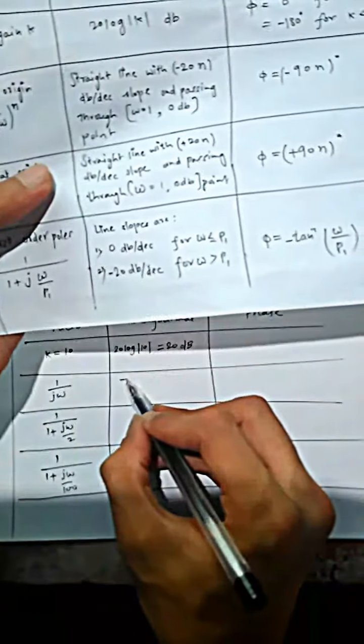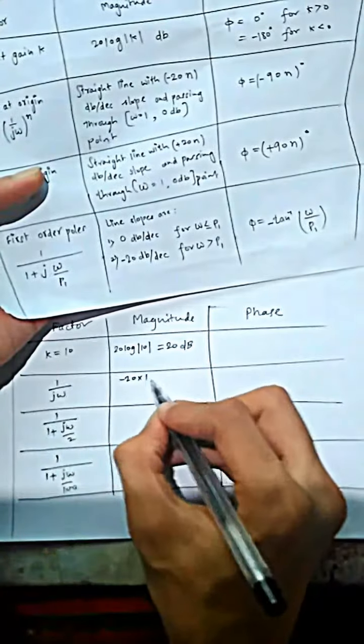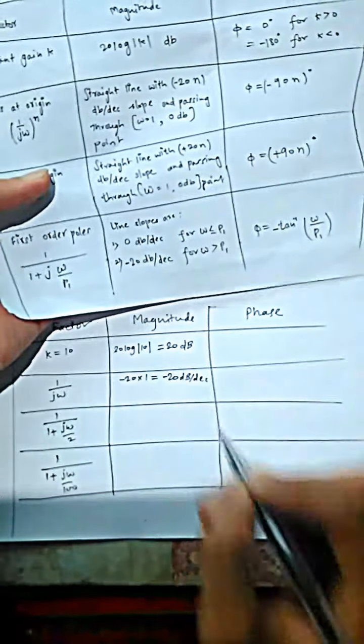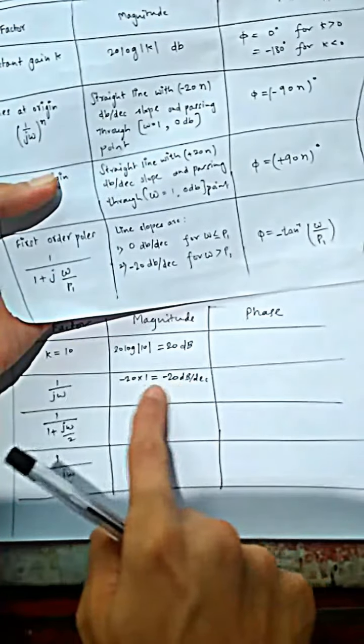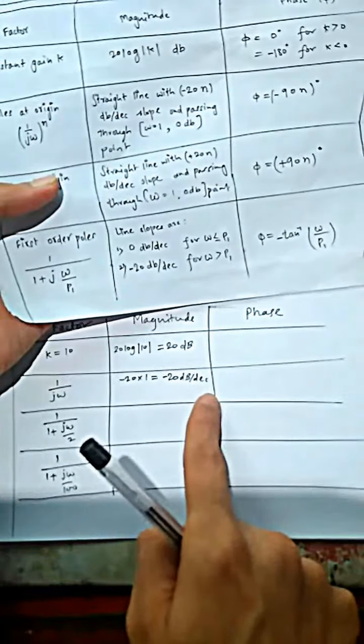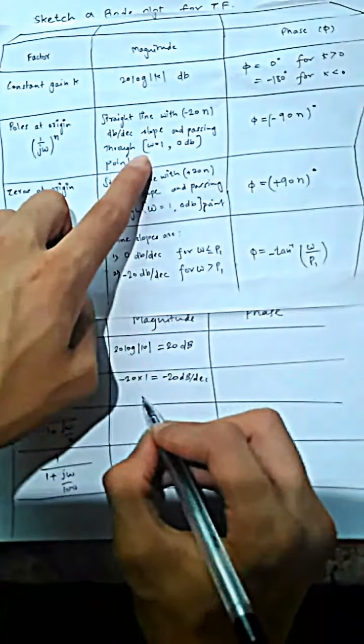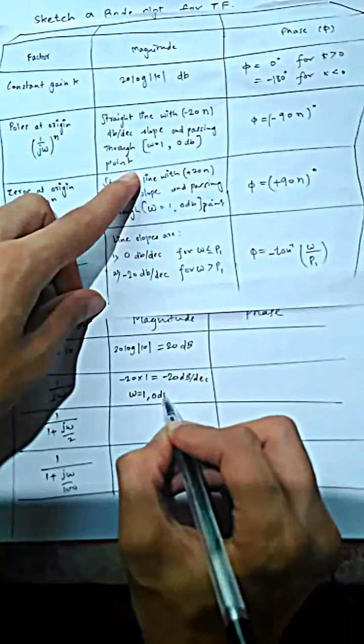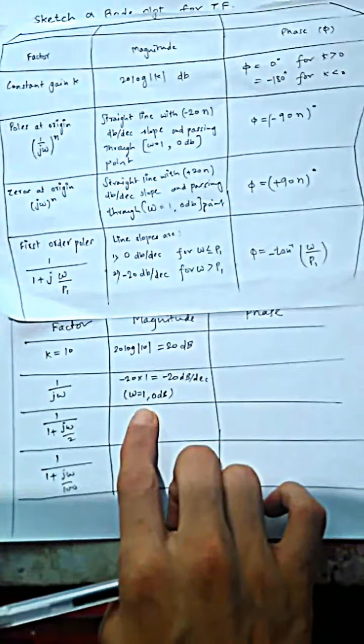So minus 20 into n, where n is 1, comes to minus 20 dB per decade. We'll see later what this minus 20 dB per decade means while drawing a Bode plot. The main point to remember is that this line will pass through the point omega equal to 1, 0 dB point. This is a really important point.